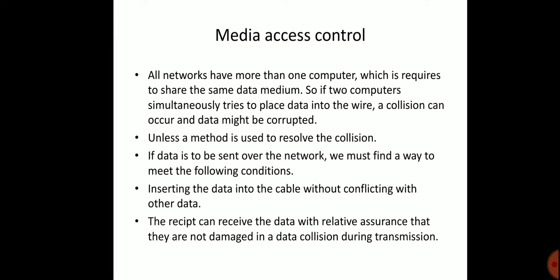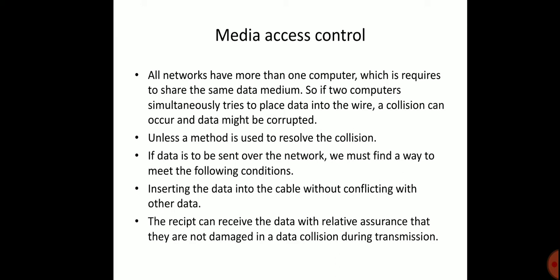All networks have more than one computer which is required to share the same data medium. So, if two computers simultaneously try to place data onto the wire, a collision can occur and data might be corrupted. Unless a method is used to resolve the collision, if data is to be sent over the network, we must find a way to meet the following conditions.